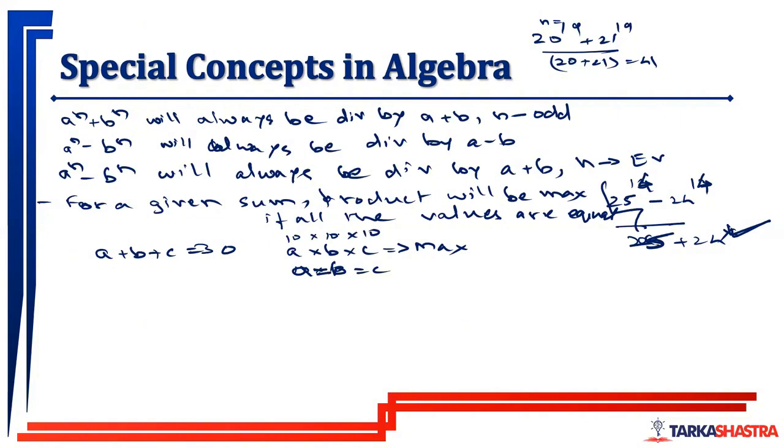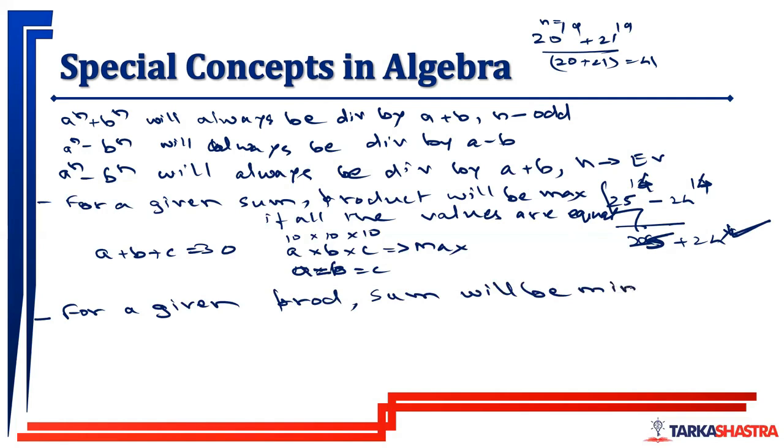If we move away from the mean, or if we move away from their average, then the product will start decreasing. The maximum value will be obtained when all the values are equal. Next, for a given product, sum will be minimum if all the values are equal.